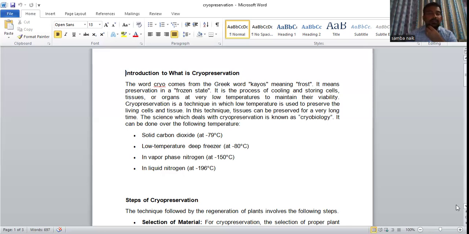When we preserve in the frozen condition, the material and its texture and capability are not lost.